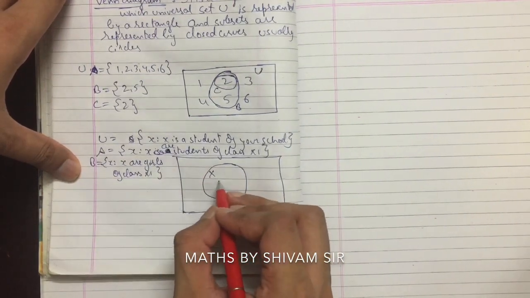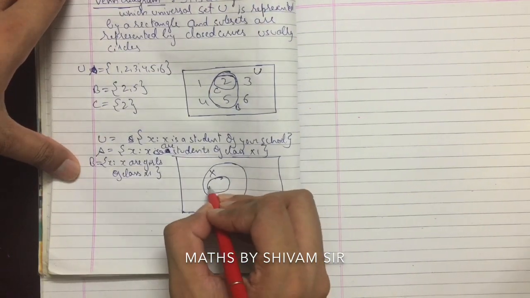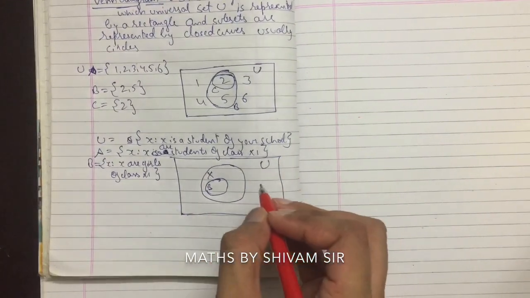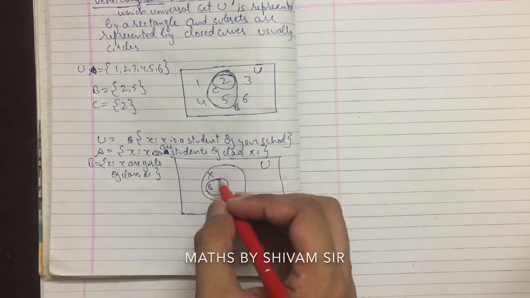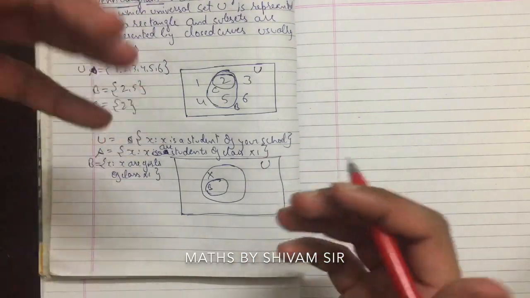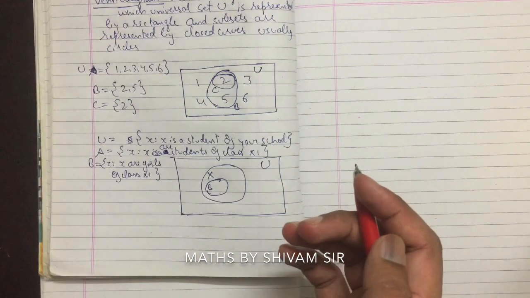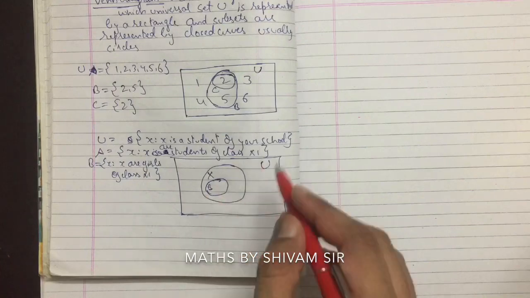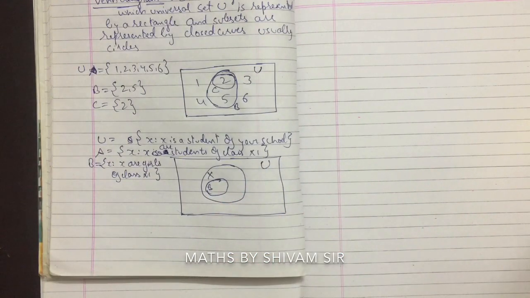So B is a set of girls of class 11th, and this is the universal set U. Inside the set of class 11th, the girls will be there. In this way we are going to represent it using a Venn diagram. These are just examples. If we talk about only boys and girls, the universal set will be represented with two closed curves. In this way we are going to use Venn diagrams.